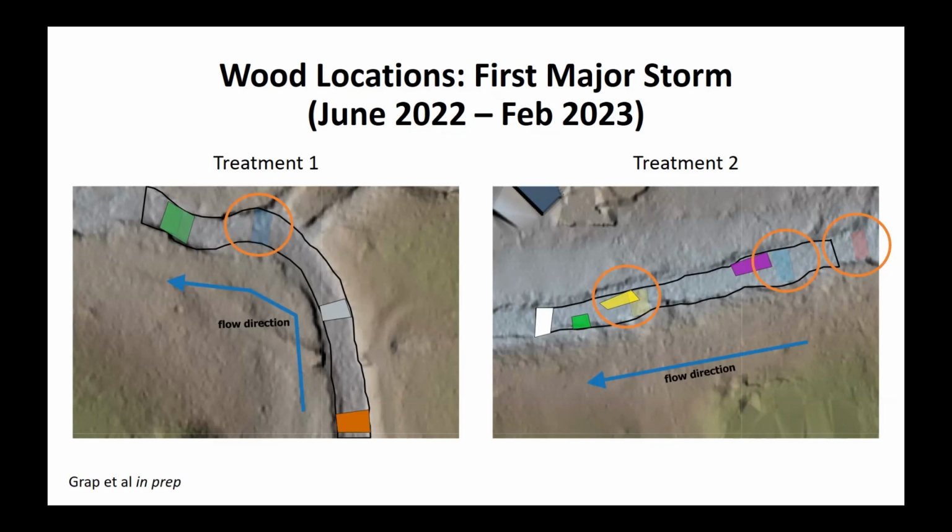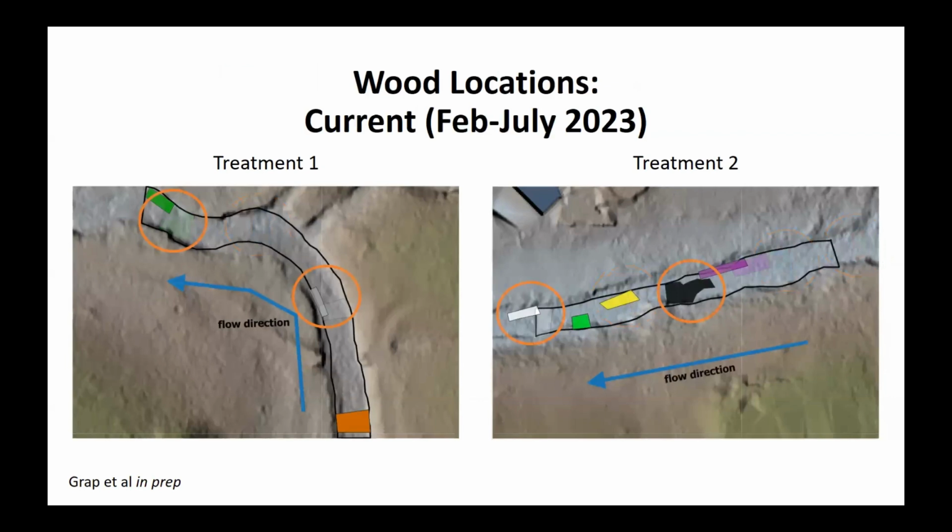Some of the jams recombined, so the red and blue turned into the purple jam. The yellow jam got pushed to the side. The green jam got reduced in size, and a white jam formed. And then during some later storms, we saw, again, mobilization of wood, changing the overall location and arrangement of the wood in the stream.